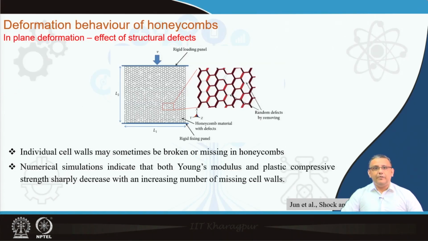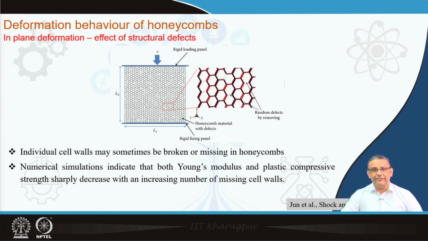So, let us start with the in-plane deformation behavior of honeycombs and the effect of structural defects. As we learnt in the last lecture and some previous lectures, honeycombs are a regular array of hexagonal cells arranged together.